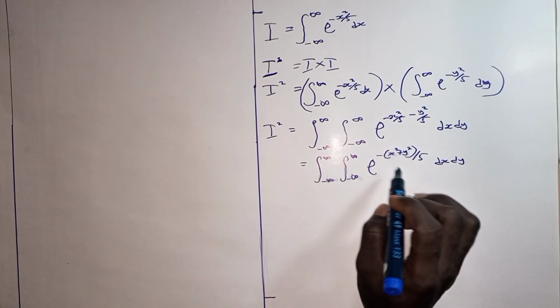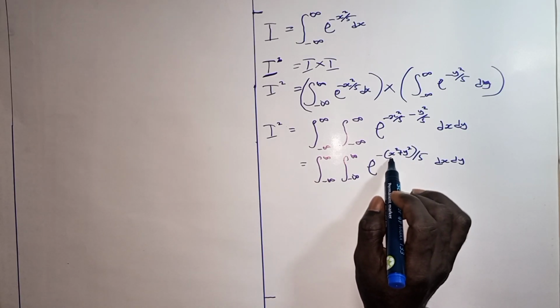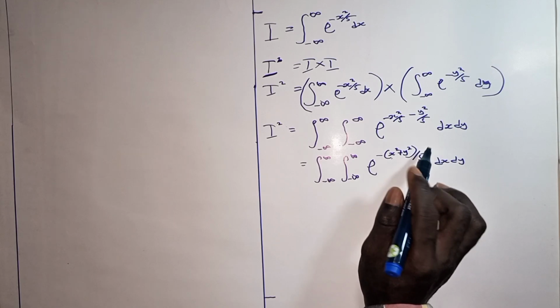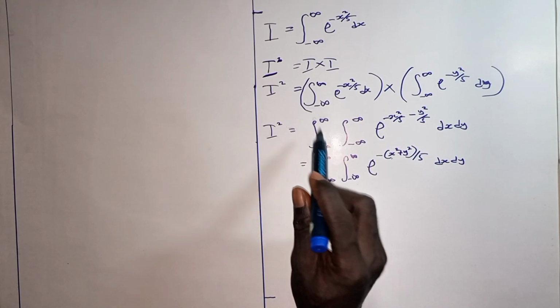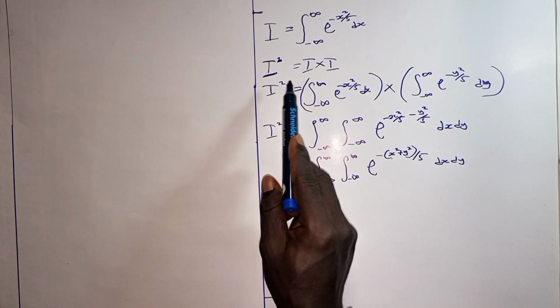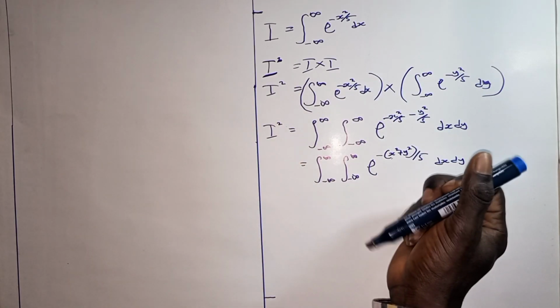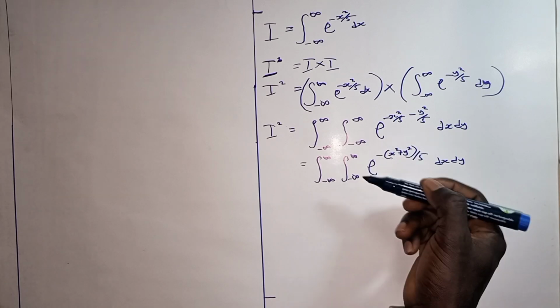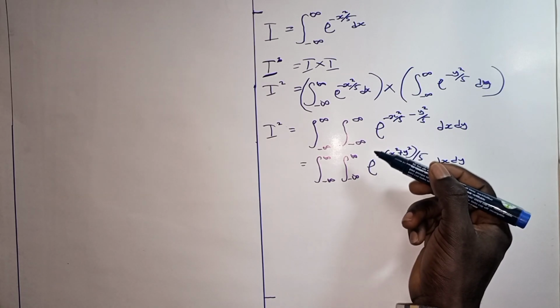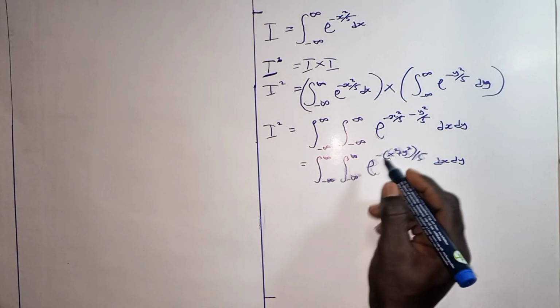You see, our main aim, getting something like x squared plus y squared, has always been our main aim from the beginning. That's the main reason we employ I squared equals I times I. So now let's convert this. This is in Cartesian coordinates. Now let's convert it to polar coordinates.